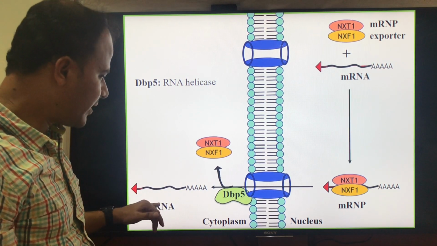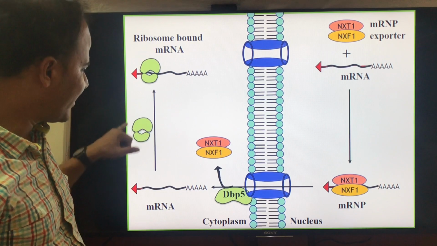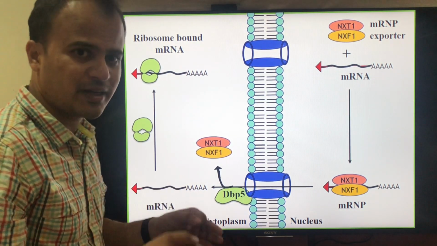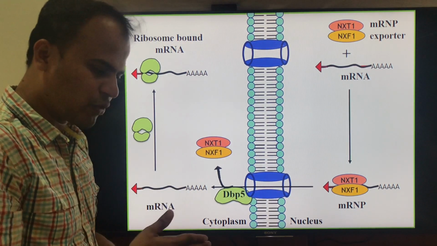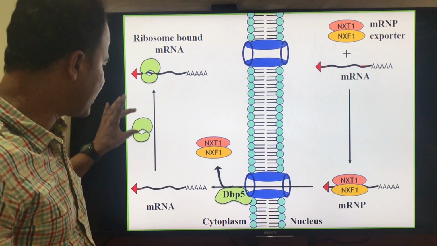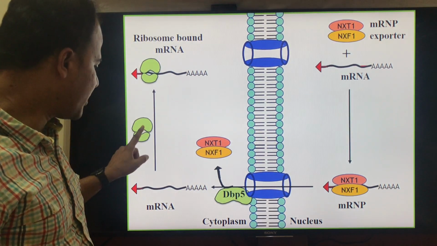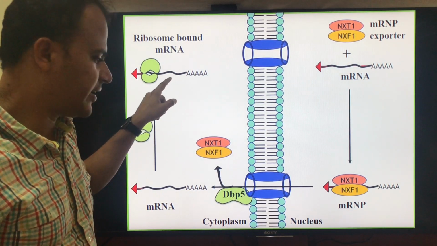Now, this mRNA is recognized by ribosomes present in the cytoplasm, because you know that mRNA codes for a protein. The translation process takes place only after recognition by the ribosomes. Now the ribosomes are recognizing the mRNA and it is translated.